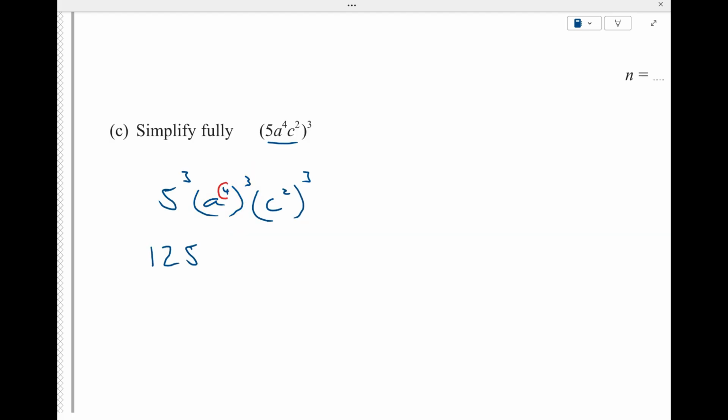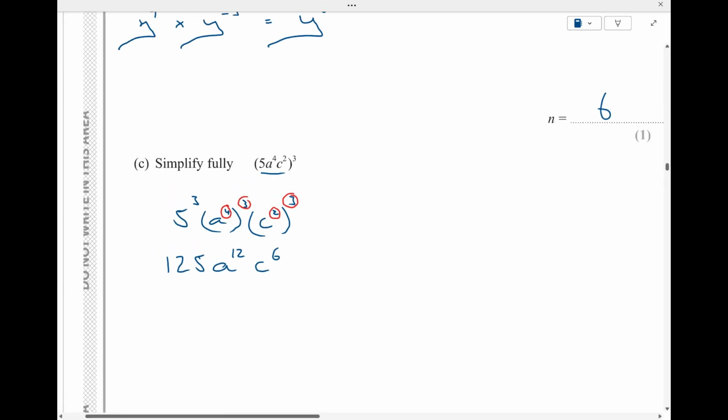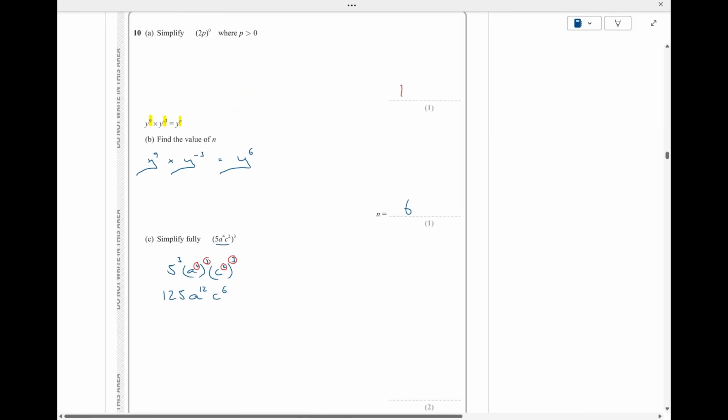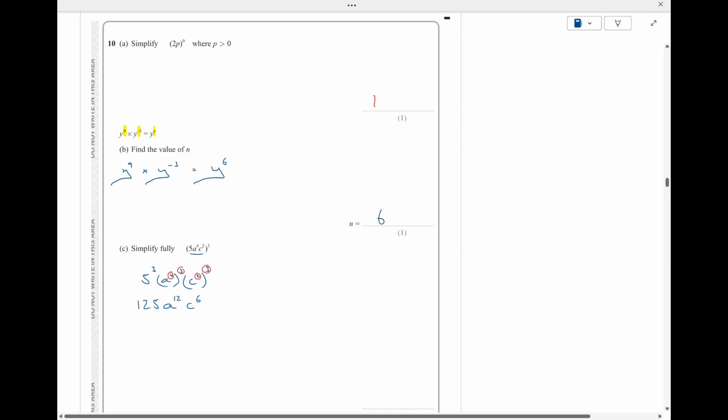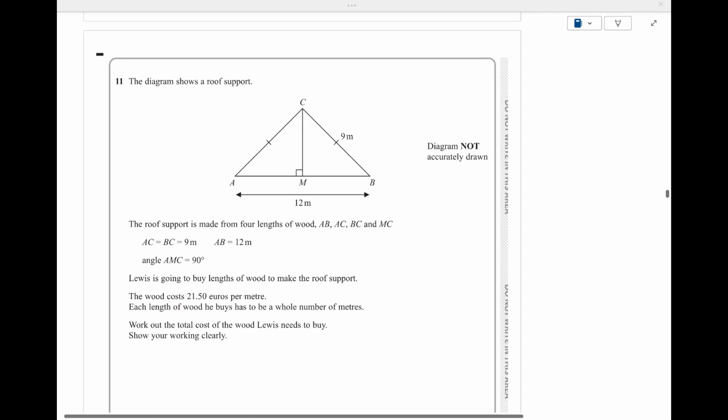If you've got a to the 4 and you raise it to the power 3, you multiply those powers. And again, you multiply those powers, c to the 6. So that is my answer for 10C. Is that question 10 finished? Yes, it is.